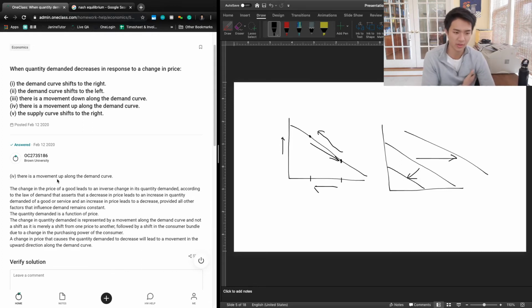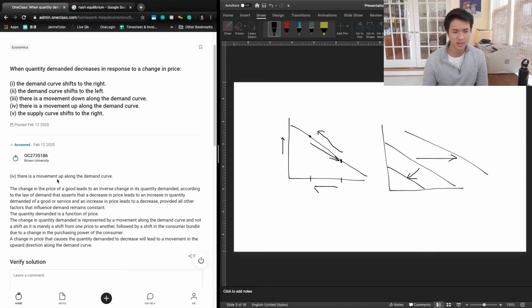Quantity demanded is a function of price. The change in quantity demanded is represented by a movement along the demand curve and not a shift, as it is merely a shift from one price to another, followed by a shift in the consumer bundle due to a change in the purchasing power of the consumer. A change in price that causes the quantity demanded to decrease will lead to a movement in the upward direction along the demand curve.